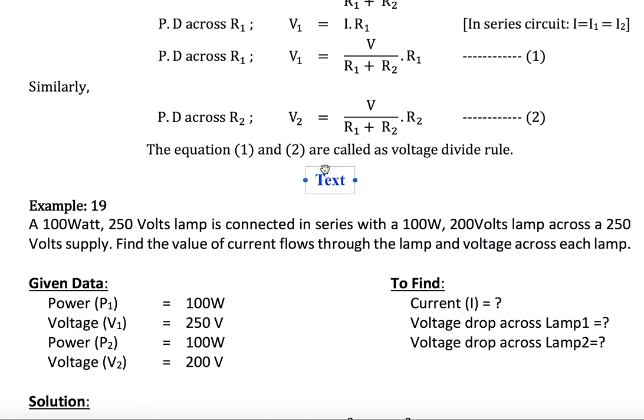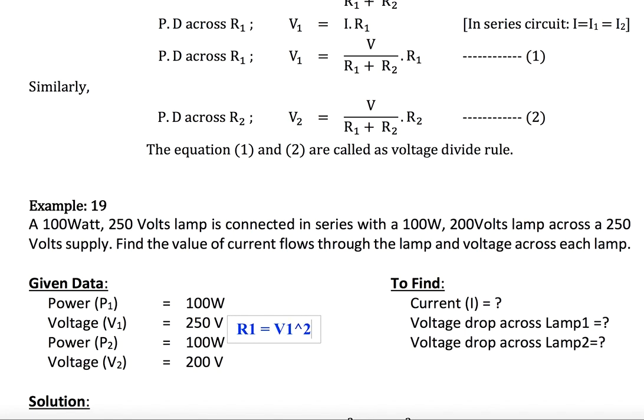We need to find the resistances, right? P1 is given, V1 is given. What is R1? V square upon R is what power is, so R1 equals V1 square upon P1.